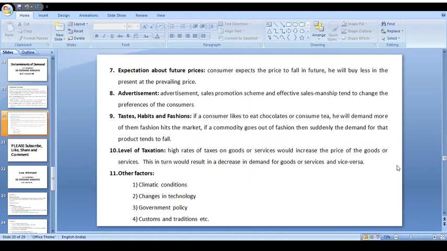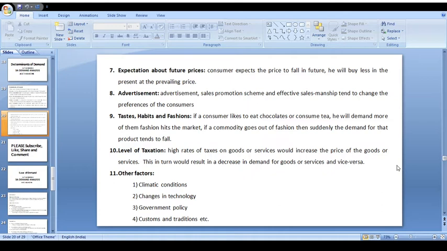Similarly, if the consumer expects the price to rise in future, he will buy more in the present at the prevailing price.